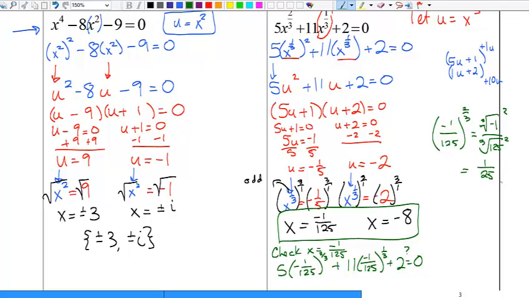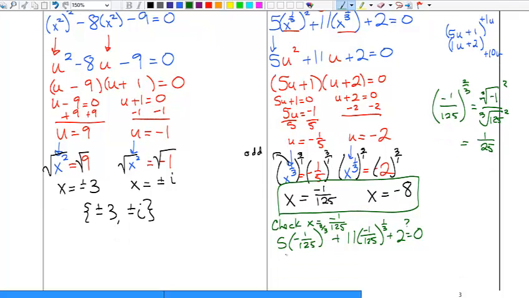So this is 5 times 1/25 plus 11 times, now I've got to do negative 1/125 to the 1/3, which is the cube root of negative 1 over the cube root of 125, which is negative 1/5.